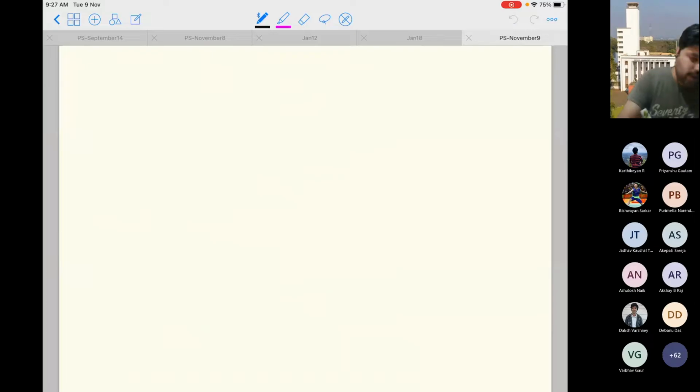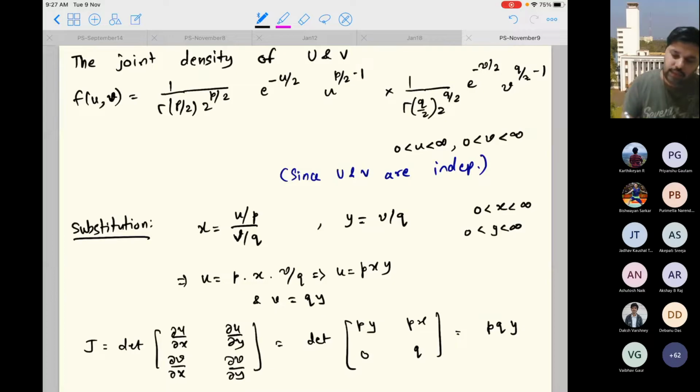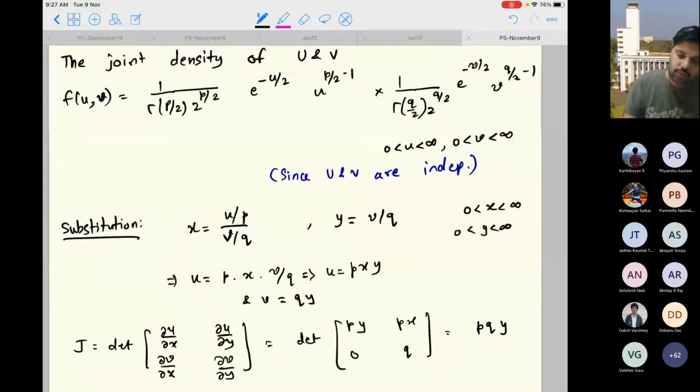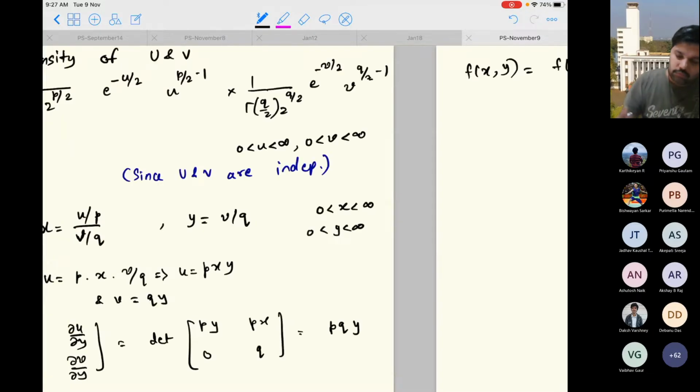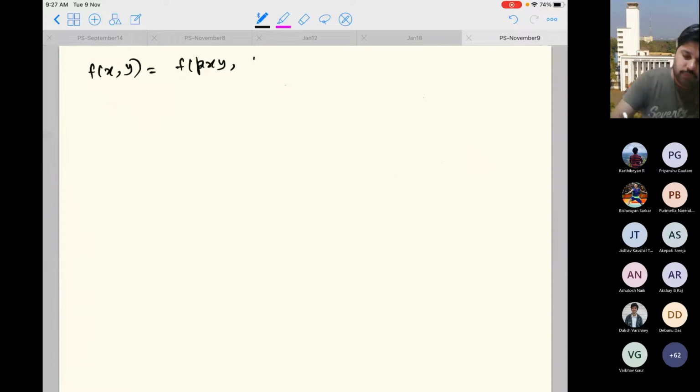So now once I have this, I will write this down. f of x,y is basically f of u,v. What is u? u is pxy. So f of pxy, qy, into the Jacobian, pqy. Is that right?